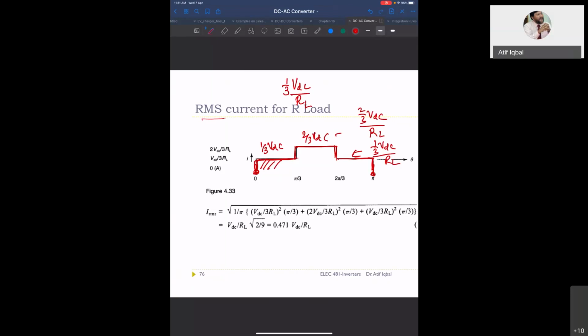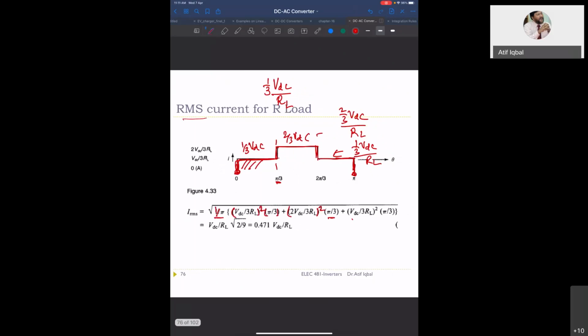So you know the current, and the period you also know, from 0 to pi by 3. So it is given as 1 by pi, then current square into the time period, which is pi by 3, and then you calculate this and get your RMS value.